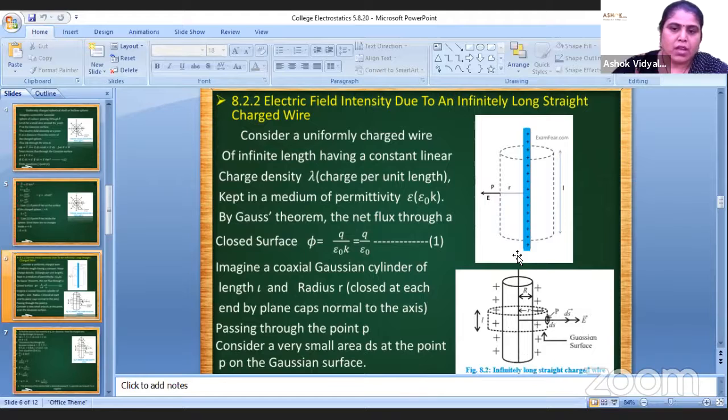See, this looks like a cylinder. So with this geometry we make the Gaussian cylinder, and with its help we find equation A and equation B, then equate these two equations and finally get the electric intensity.